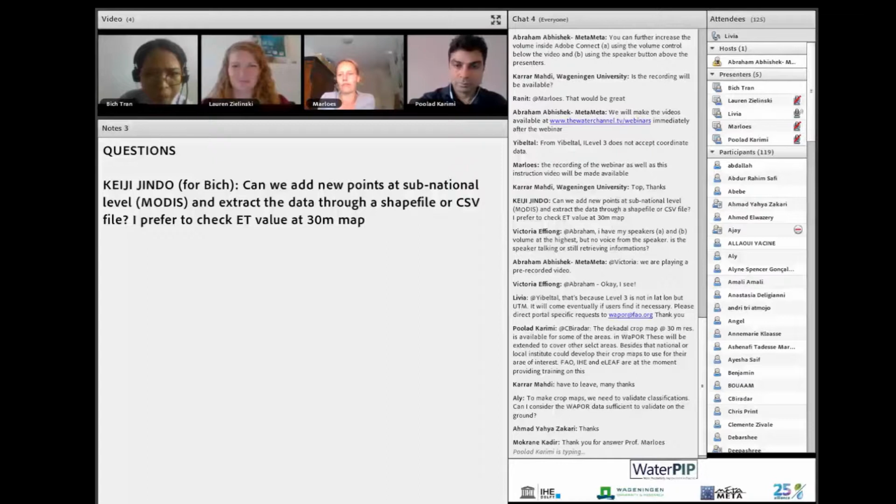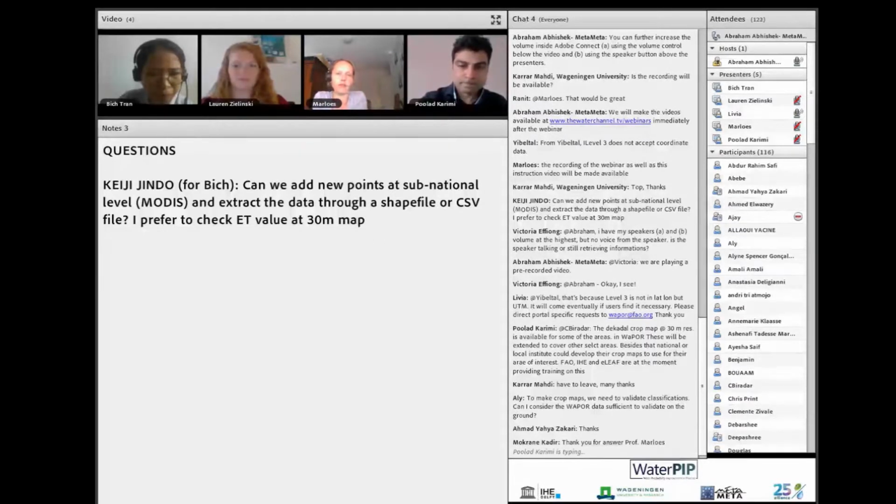So anyway, I'll make it short. Coordinates entry at level 3 is not available at the moment because level 3 data come in a UTM specific projection for the specific level 3 area. So there was no standard coordinate system that we could use, but it's not too difficult to implement if users find it necessary.